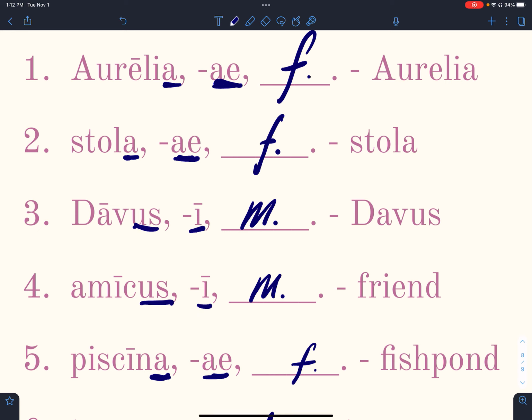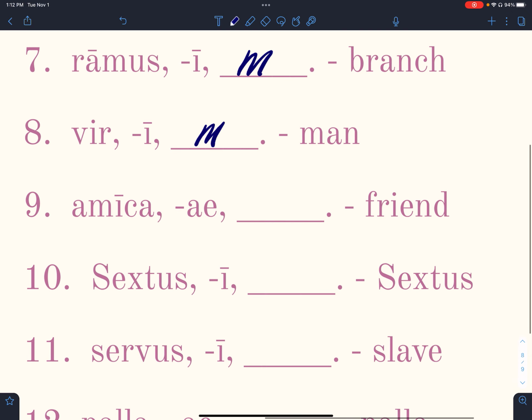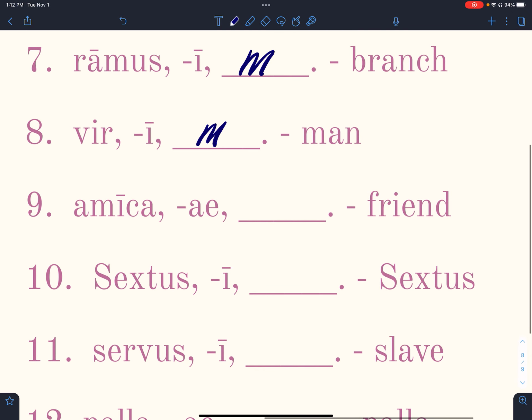Amicus, amici, also masculine. And then Ramus, Rami is another one. This one is a little weird. What would be neuter? We don't actually have any examples of neuter just yet. I'm not going to get into that. I think that's maybe a couple more chapters.